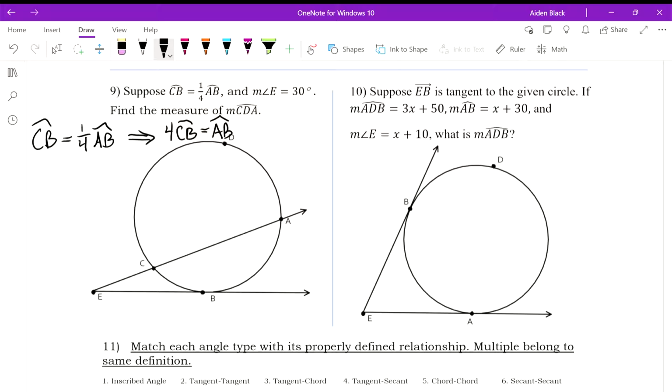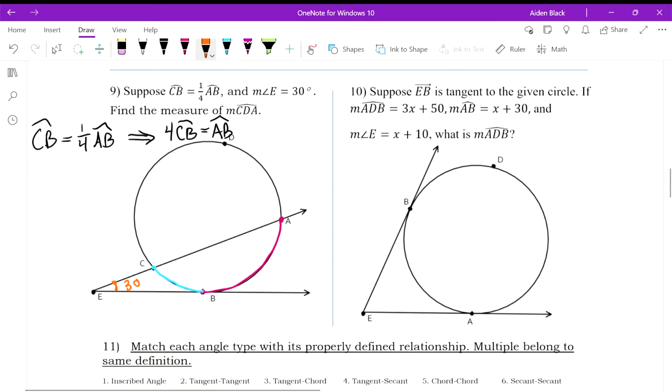This is going to help us because for the tangent secant, we already went over this, BA minus CB divided by 2 equals this angle, which in this case is 30.